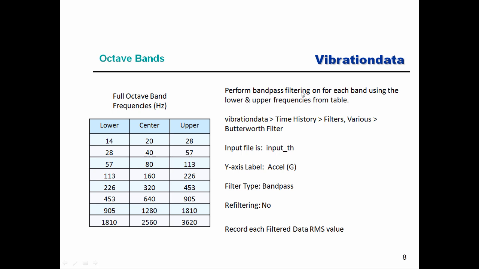We're going to perform bandpass filtering for each band, using the upper and lower frequency limits. And we've got our Butterworth filter, which we did in our previous webinar. So we're going to go to our Butterworth filter. Here I've called the file input_th, but actually I just named it acceleration_th, so I think I need to change that a bit.